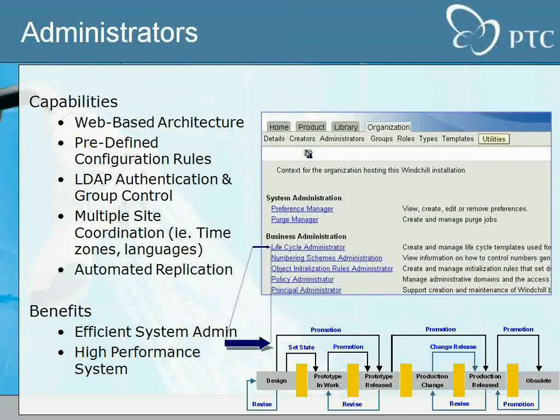For administrators, PDMLink offers a great web-based architecture for doing almost all of your administrative tasks. It comes out of the box with a bunch of predefined rules, access controls, and setups that's good for most companies. A lot of companies don't need to do anything or do very minor tweaks to the system.